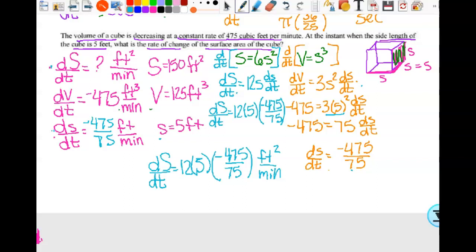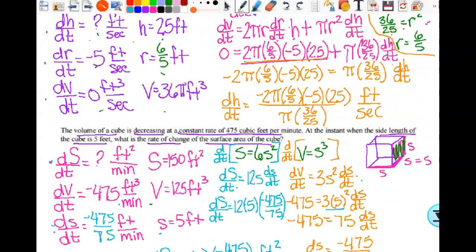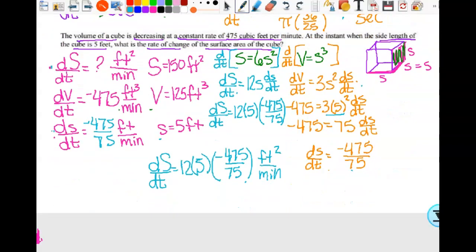If this was a multiple choice question, this would not be an answer choice. I highly doubt, I can't guarantee it, but I highly doubt the answer choices would look like that. You'd have to be able to simplify, so having those skills is still important. You just kind of don't want to risk that, because this isn't testing can you multiply. This is testing do you understand related rates. Yes, you do. You understand more than you think you do.